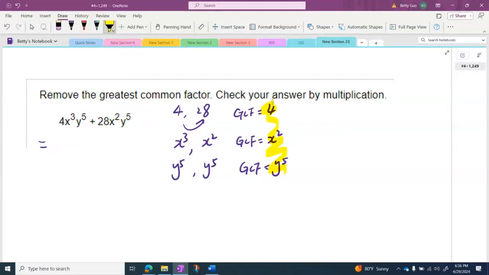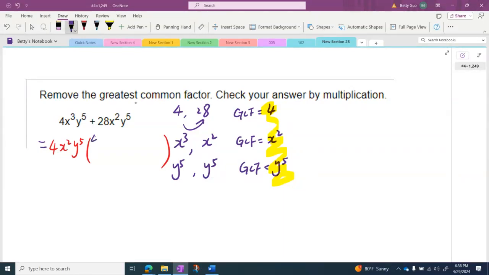And then multiply the three things together. That's the GCF of the binomial. It is 4x squared y fifth multiplied by a parentheses. Inside the parentheses, we're going to still have two terms. How do we find the leftover in the two terms?